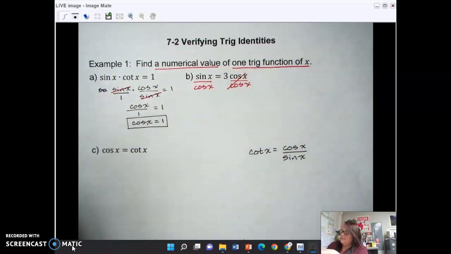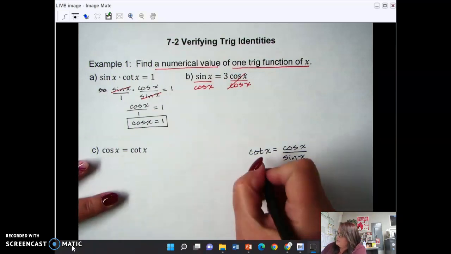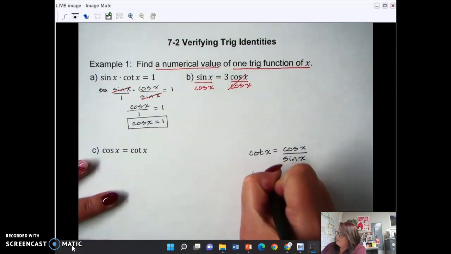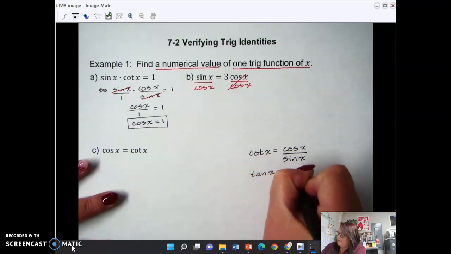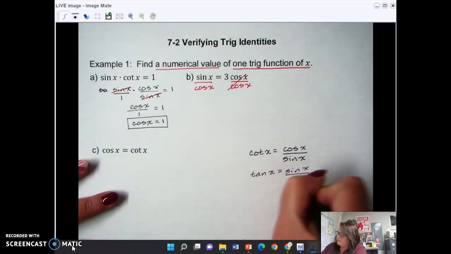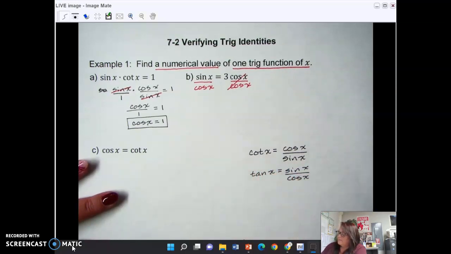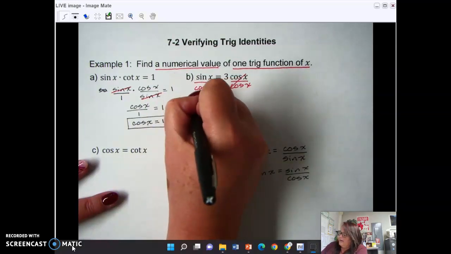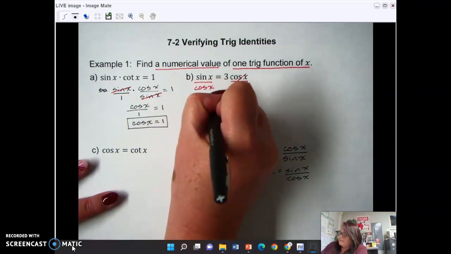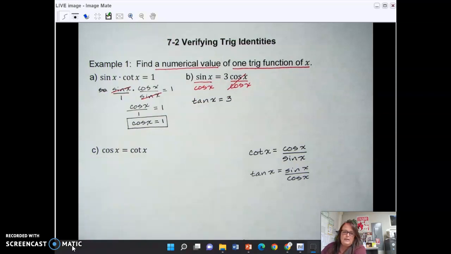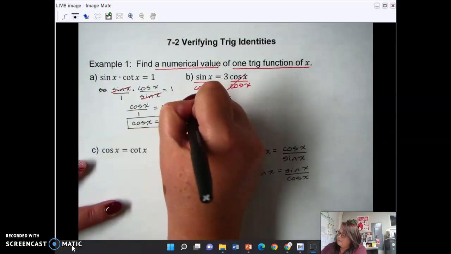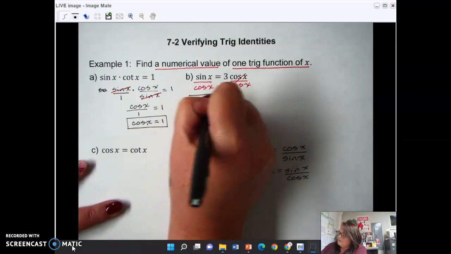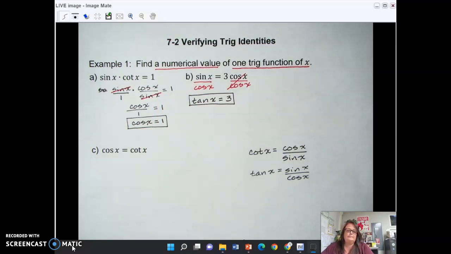So they cancel on this side. And then another thing to remember is the tangent of x is equal to the sine of x over the cosine of x. So that means up here we have the tangent of x is equal to 3. And now I have a single function in terms of x equal to a single number.